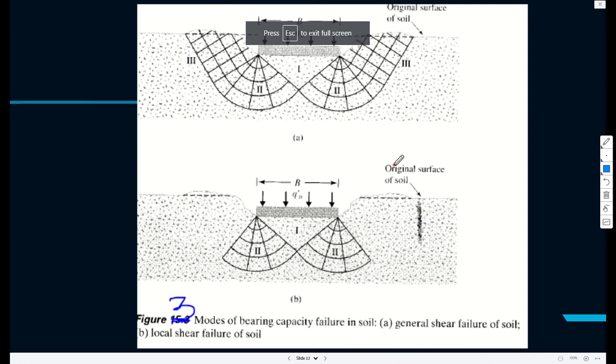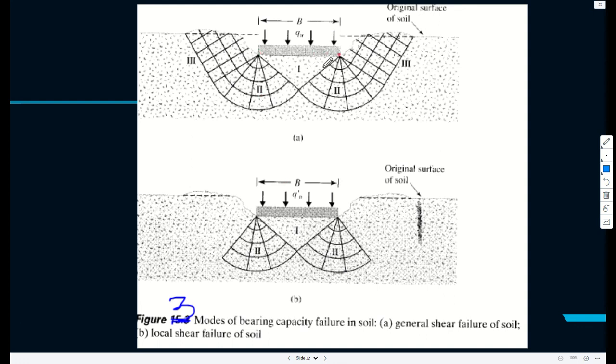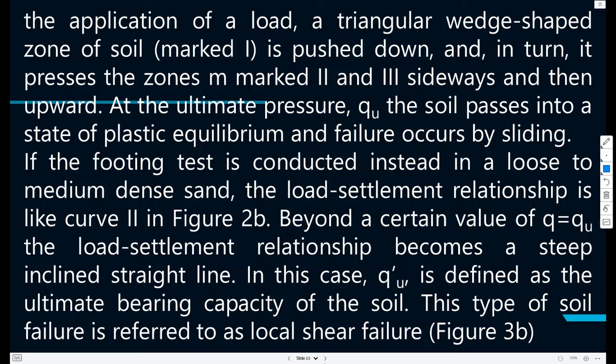But so far, what you need to get is the principle, the idea, so that it's very clear what we are doing when we get into the maths. So the application of a load on the triangular wedge shaped zone marked 1, this area marked 1, is common to all. It is pushed down, and in turn it presses the zones marked 2 and 3 sideways.